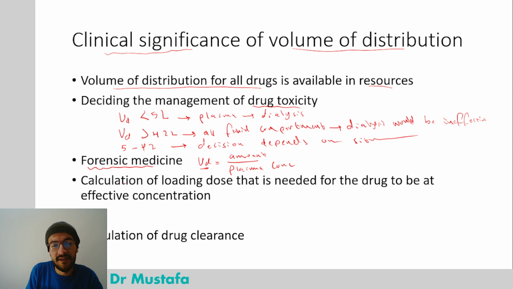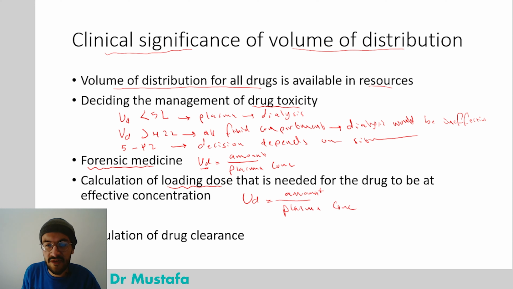Also, the VD is helpful in calculating the loading dose that is needed for the drug to be at effective concentration, and that's from the same formula, VD equals amount divided by plasma concentration. We enter the desired plasma concentration into the formula, and we have the VD, and we calculate the loading dose from the amount, which is the same as the loading dose.